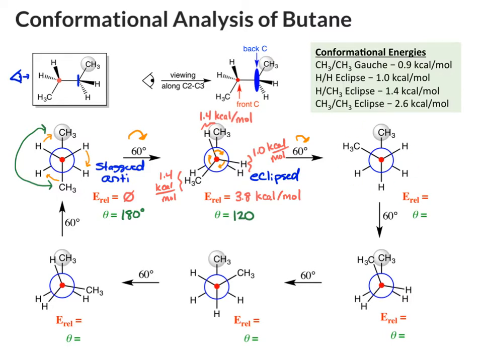In this case, we're back to a staggered conformation. But what we end up with are these two large methyl groups still kind of close together, and the hydrogens on one are going to bump into the hydrogens on the other, so that is considered a gauche. And you see up here in our table, the methyl-methyl gauche is 0.9 kcals per mole, so it does raise the energy of the system.